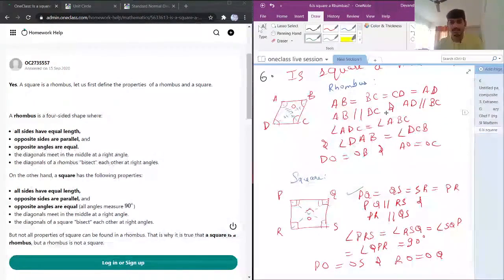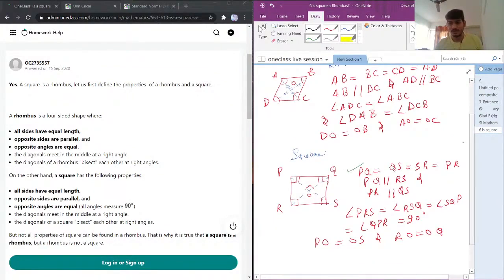Then the second condition: opposite sides are parallel. AB should be parallel to DC and AD should be parallel to BC. In a square also opposite sides are parallel: PQ is parallel to RS and PR is parallel to QS. So the second condition is also done.